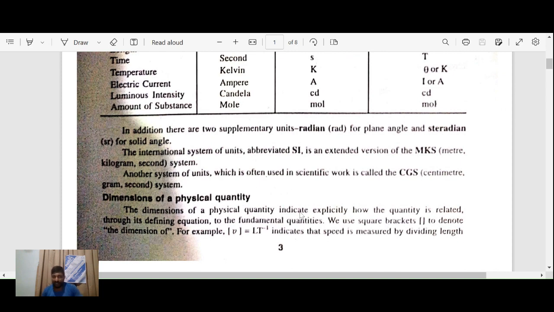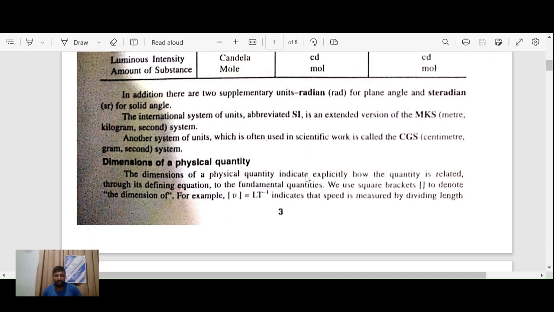The dimension of the physical quantity indicates explicitly how the quantity is related through its defined equation to the fundamental quantities. We learned about the fundamental quantities. At that moment, we know how they are involved to form the equation, and what weightage has been given by the fundamental quantities to form the new equation or relation. That is going to be discussed under the dimension.